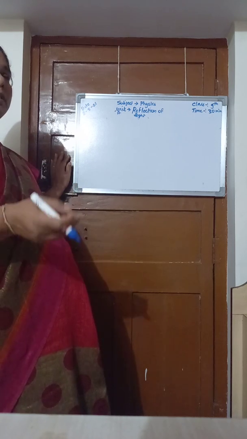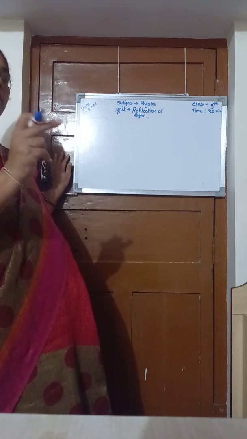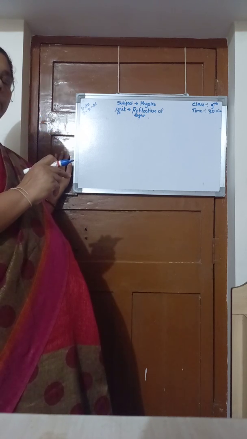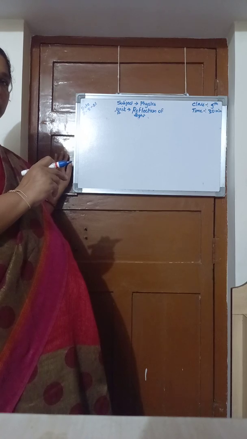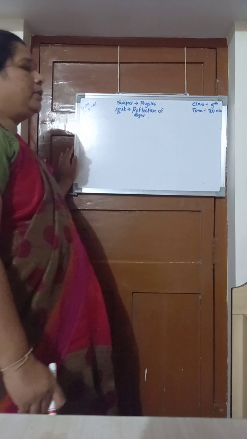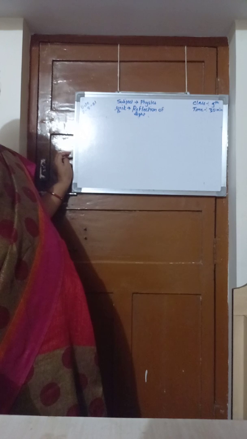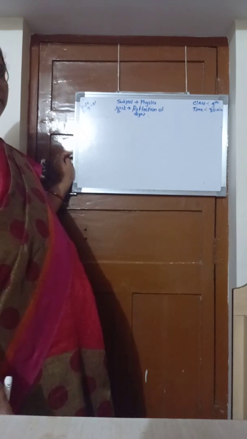Radius of curvature is the distance between the pole and the center of curvature. Then principal axis: the line passing through the center of curvature is called the principal axis.